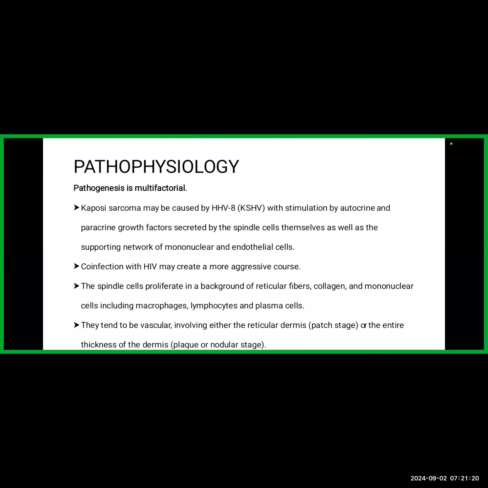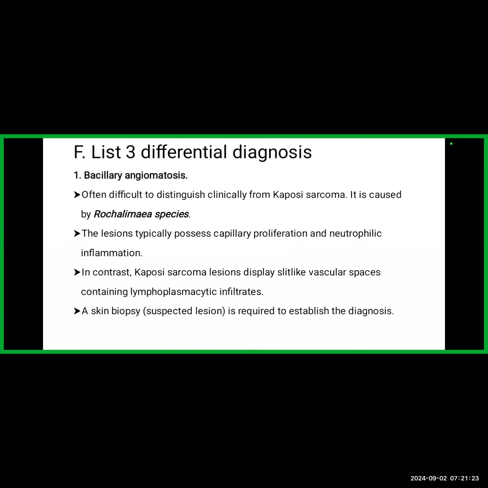I think you just mentioned it. I said the lesion in bacillary angiomatosis typically possesses capillary proliferation and neutrophilic inflammation, in contrast to the Kaposi sarcoma lesion that displays slit-like vascular spaces containing lymphoplasmacytic infiltrates. I said again that it's difficult.